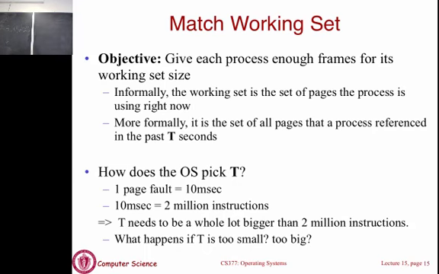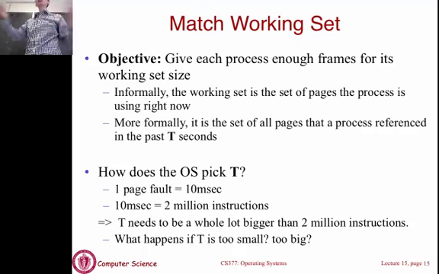If you get a page fault every 2 million instructions, then you're basically spending half your time page faulting, right? So you basically need T to be large enough that you don't hit a page fault in a lot more than 2 million instructions. So, if T is too small, then you basically spend all of your time page faulting.